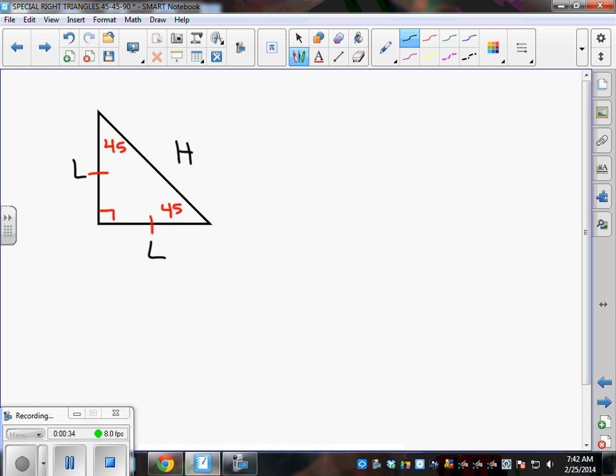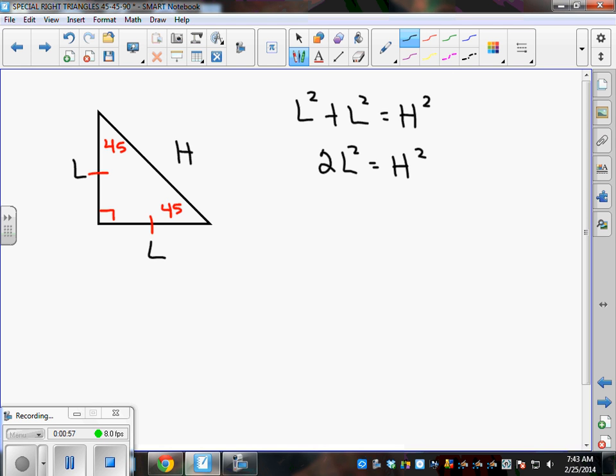Now, I'm going to take a minute and just derive some formulas that you're going to need to work with special right triangles. Using the Pythagorean theorem, I'd have L squared plus L squared equals h squared. But L squared plus L squared is 2L squared equals h squared.